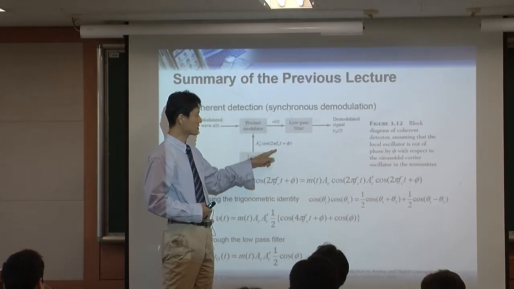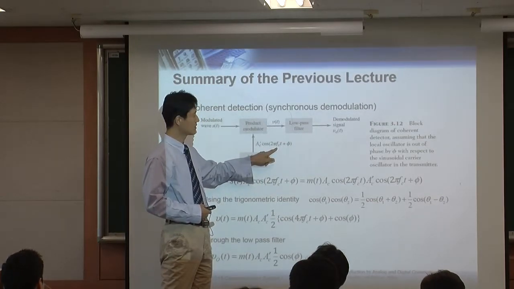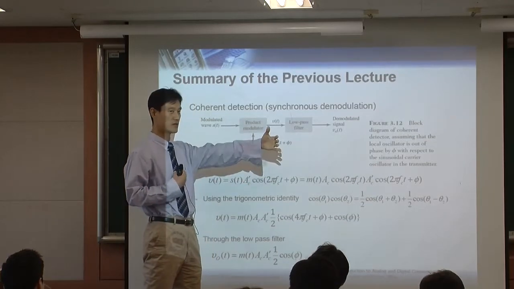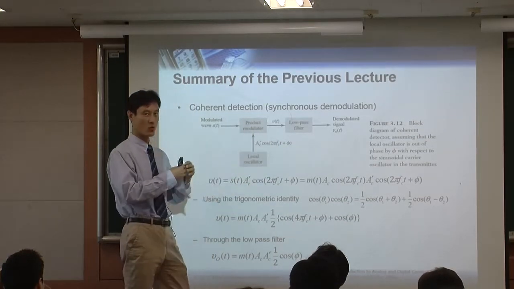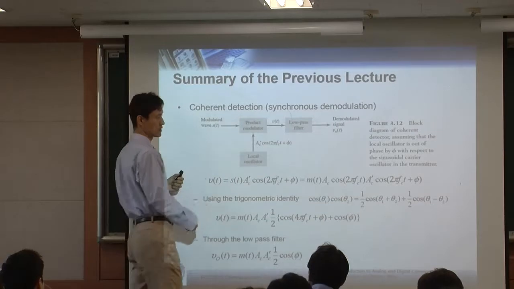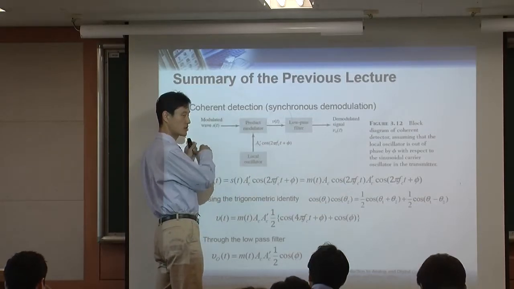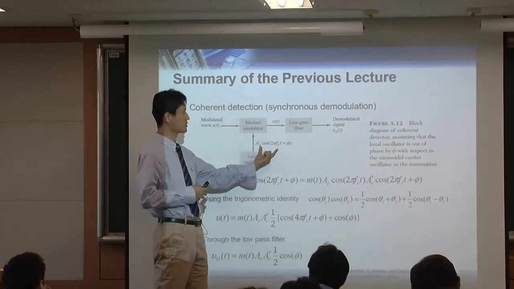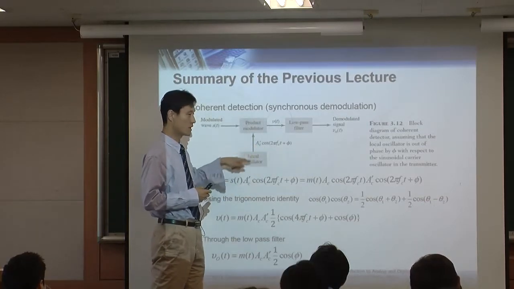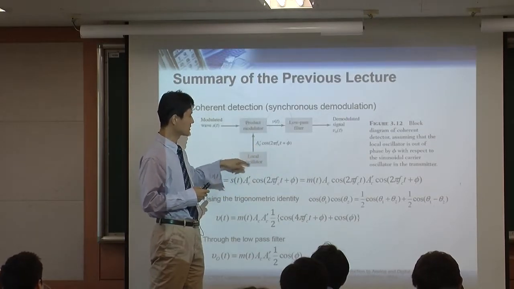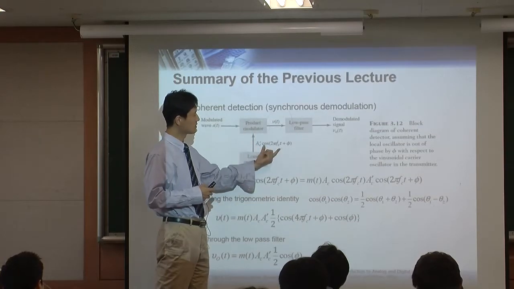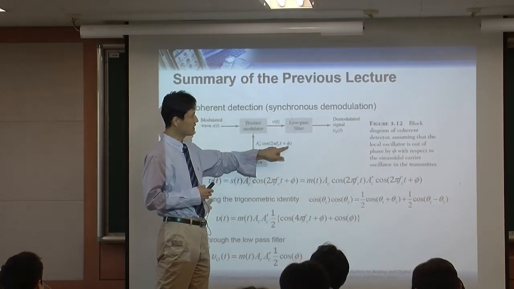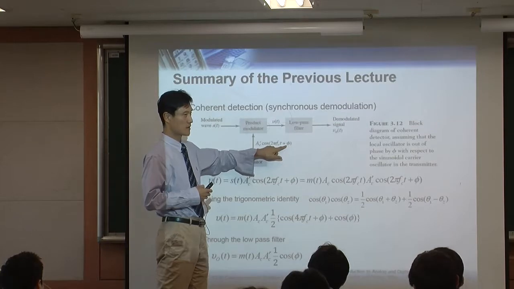The important thing is you are using the same carrier frequency, because transmitter and receiver agreed on what carrier frequency to use. So both the transmitter and the receiver know the carrier frequency. You generate your own carrier using an oscillator and you multiply. And possibly the phase may be different. Why?